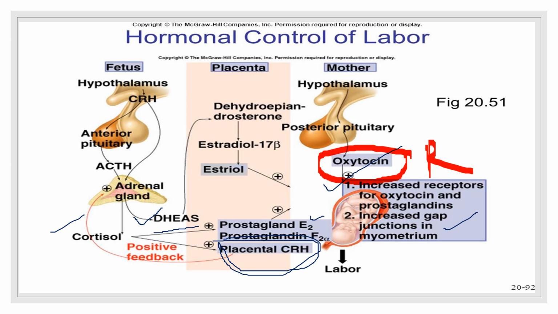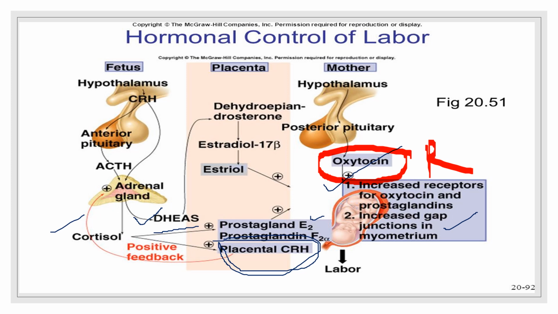Okay. So what is the significance of the increase in oxytocin receptors? In early labor, the maternal plasma oxytocin level is normal. It is almost equal to the pre-labor level, around 25 picogram per ml. But as there is an increase in oxytocin receptors, the uterus responds to a normal oxytocin concentration. So first there is placental CRH.